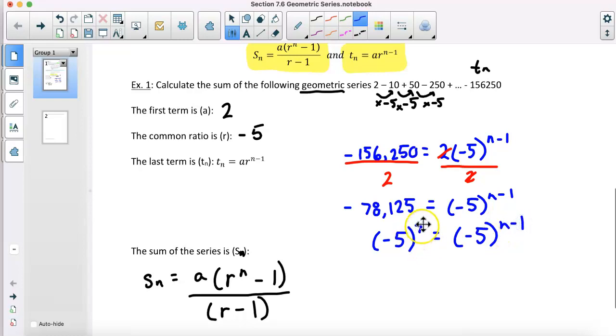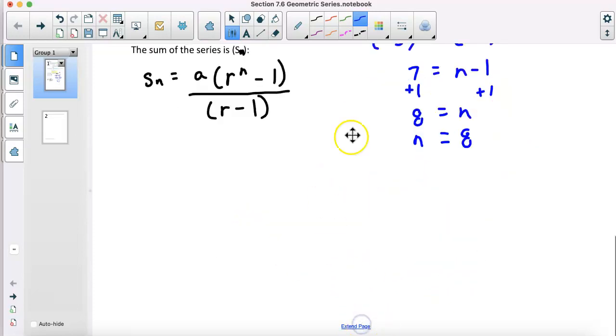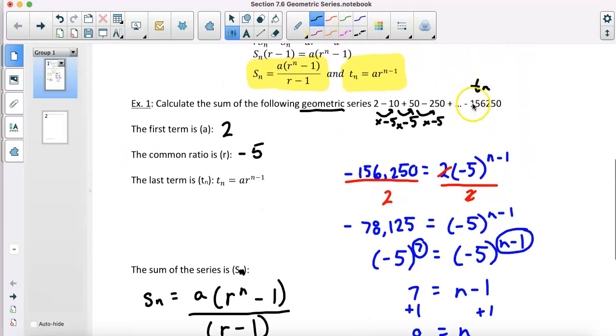So we can simply set this exponent 7 equal to the exponent n minus 1. We add 1 to both sides, and n is equal to 8. In proper form, we put our variable first, and we can now use that to find the sum in this series. So we know that this is the 8th term.